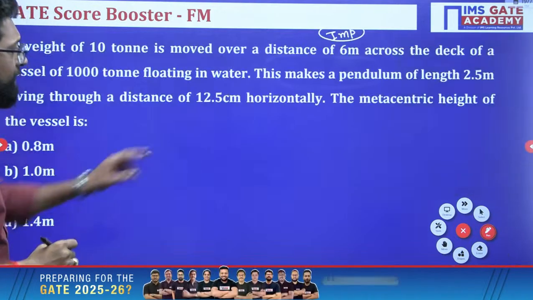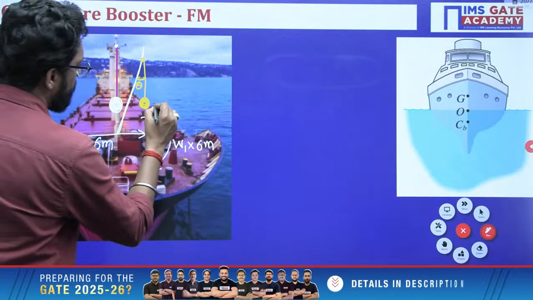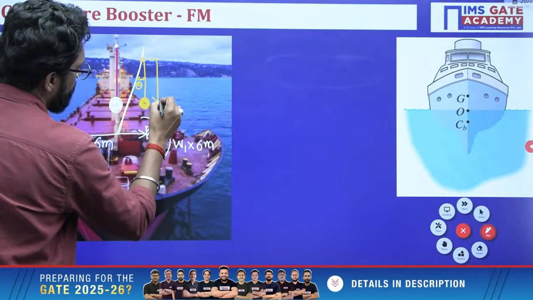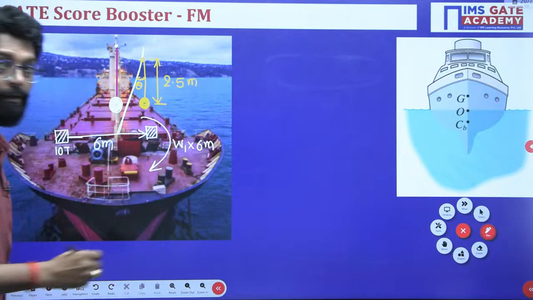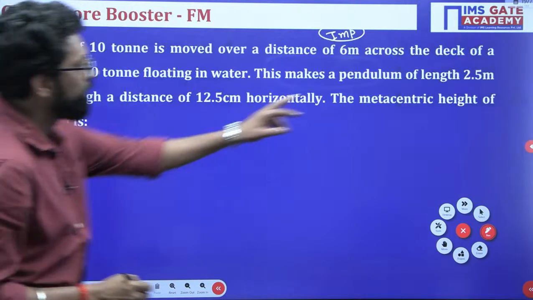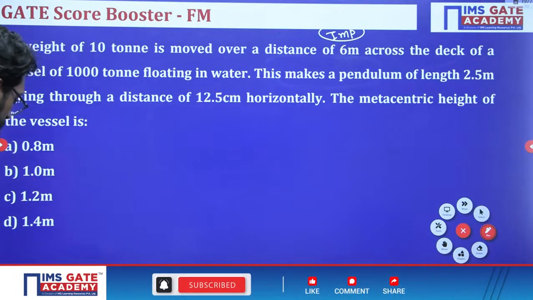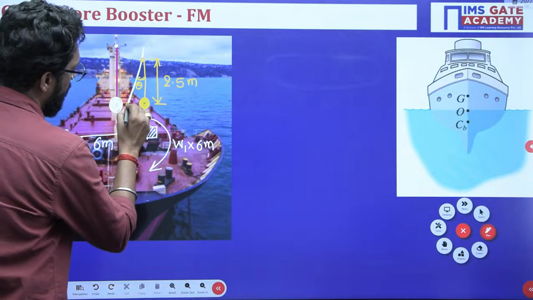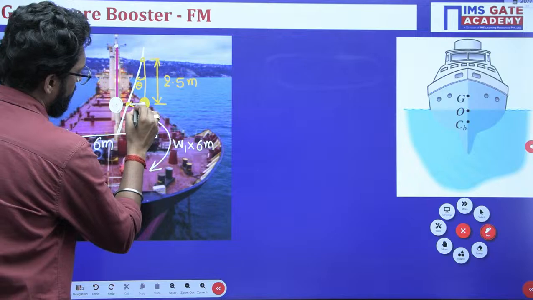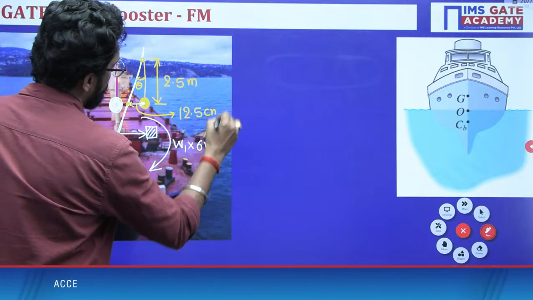The pendulum length is 2.5 and it swings through a distance of 12.5 centimeter. Initially this is the position. Now from here to here, it will swing 12.5 centimeter.